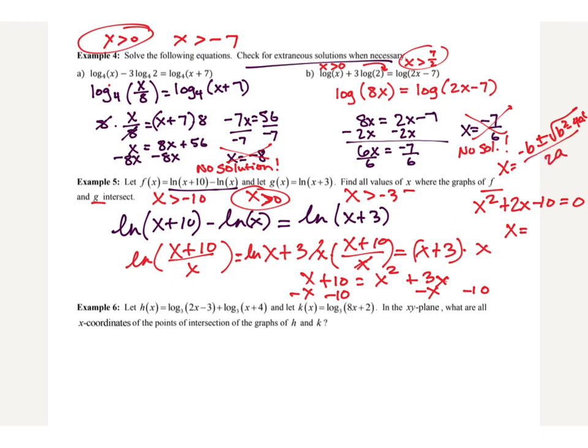After you do that, and we'll trust that you can do that, you get negative 1 plus or minus square root 11. x is supposed to be greater than 0. So you have to choose x equals negative 1 plus square root 11. Then negative 1 minus square root 11 doesn't work.